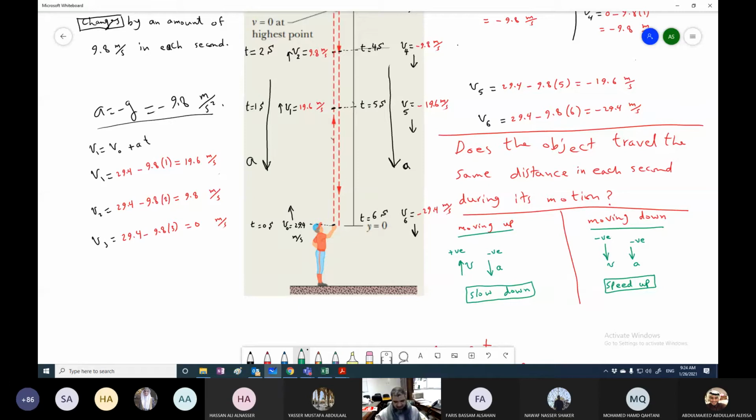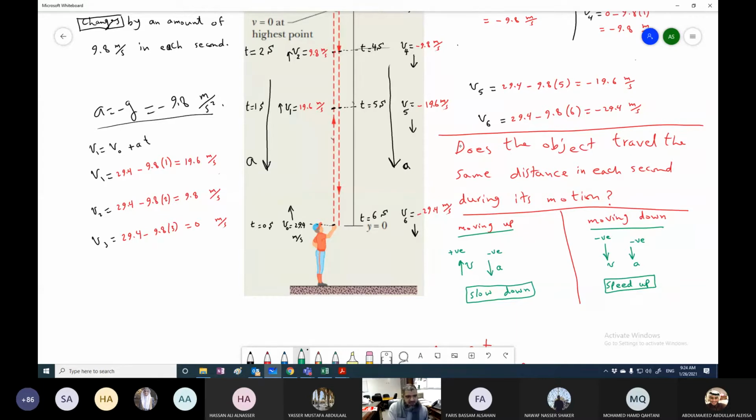I know some high school books say that when going up the acceleration is negative and when coming down it is positive. This is not convenient and it makes many troubles for us. With time, when we solve many problems, you will see how useful this choice is.